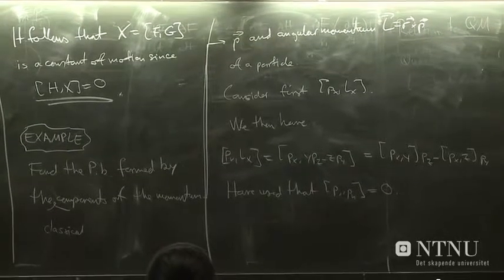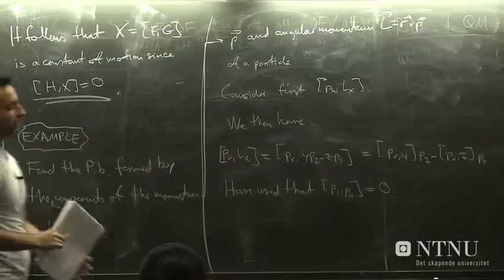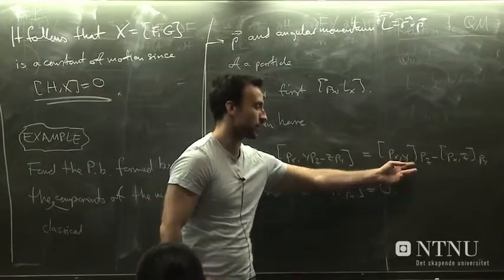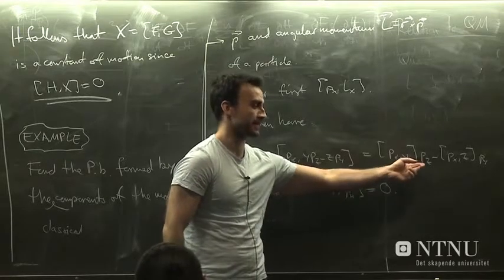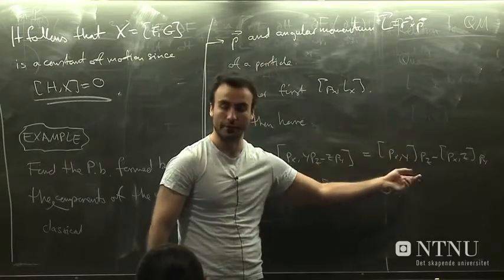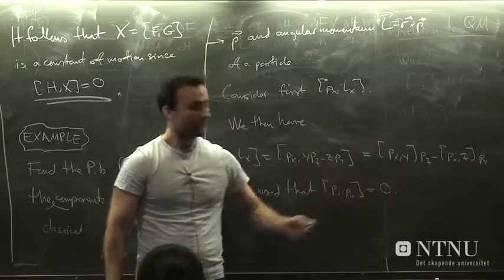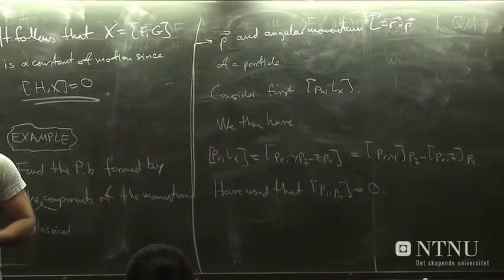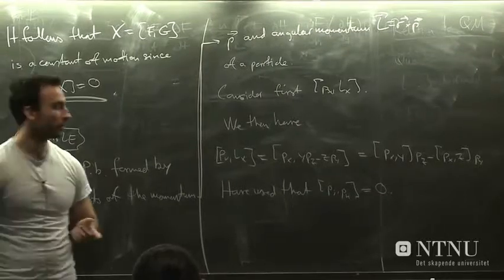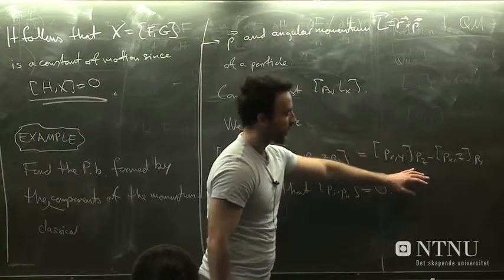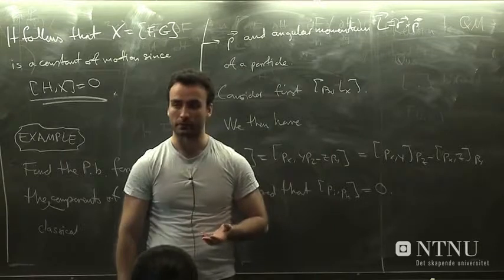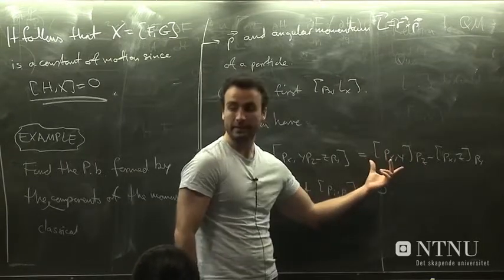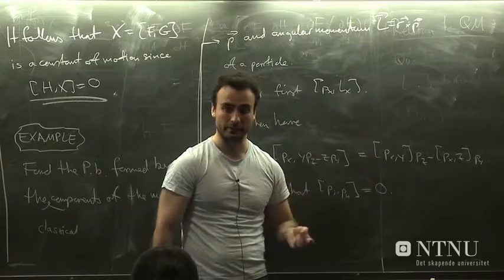Now, I would also like to underline the fact that the order at which I place these quantities, for instance, placing p_x after the Poisson bracket, is not of any importance here, since we're dealing with scalars. But in quantum mechanics, it will be crucial, because then operators do not necessarily commute. So here I can just throw this p_x back and forth as I like, but in quantum mechanics you would have to be careful.